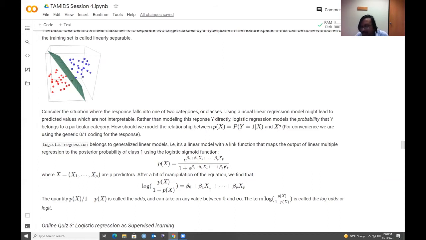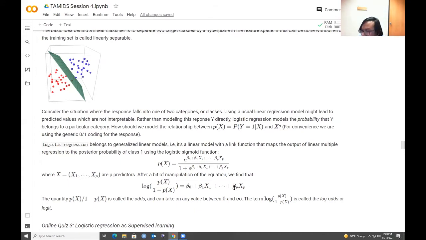The beauty here is that after a bit of manipulation of the equation, it turns out that log of p of x by 1 minus p of x is nothing but beta naught plus beta 1 x1 plus all the way up to beta p xp.